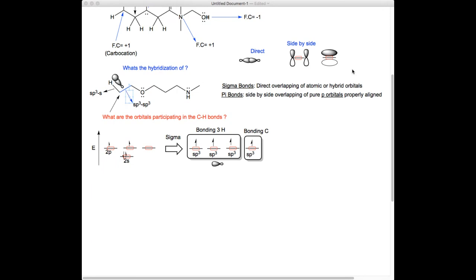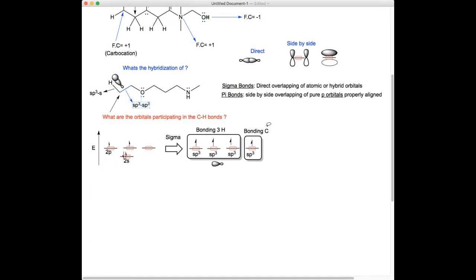Okay, for the sigma bond in blue, how many orbitals are participating in that sigma bond? Okay, 2 orbitals. Any other answer, guys? I want to make sure that everybody's paying attention.